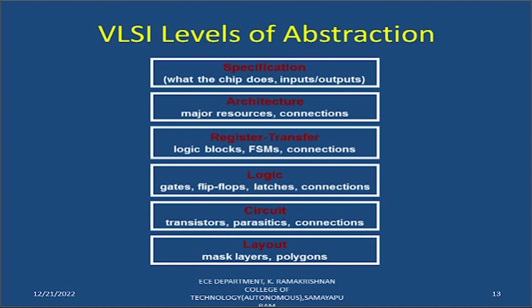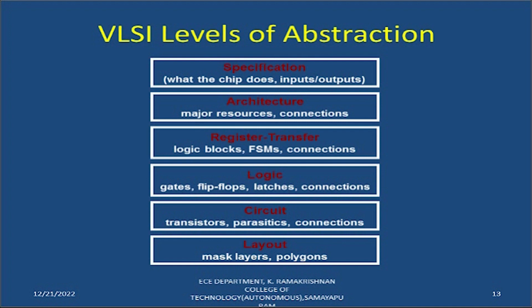The next is the register transfer level. In the register transfer level we need to describe the logic blocks, finite state machines, and the connections. In the architecture level we describe the implementation strategy as a block diagram, and that block diagram is described in a hardware description language at the register transfer level.